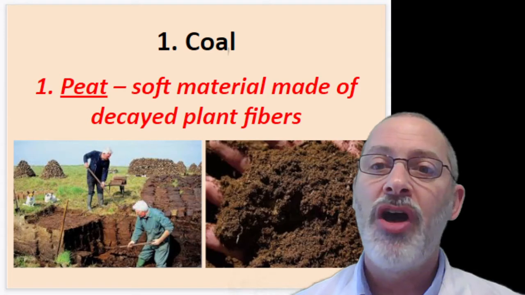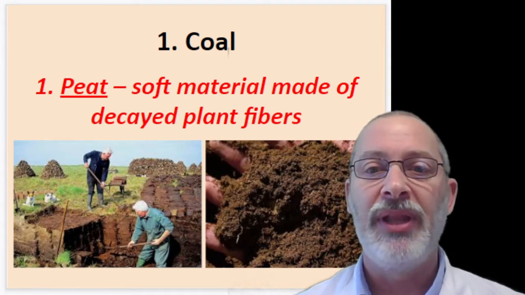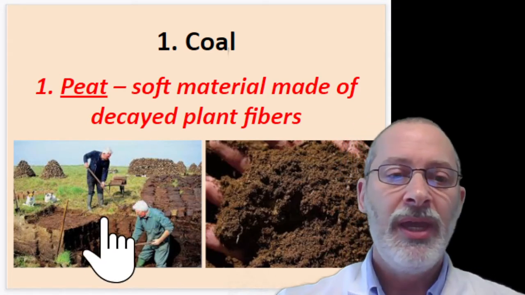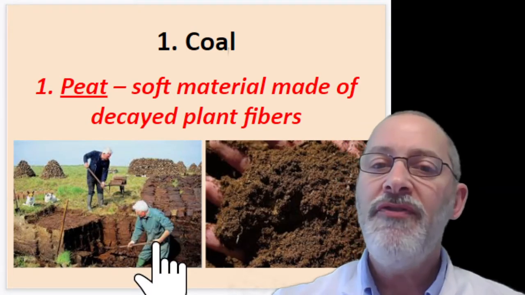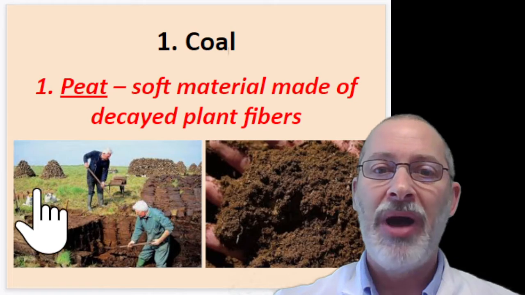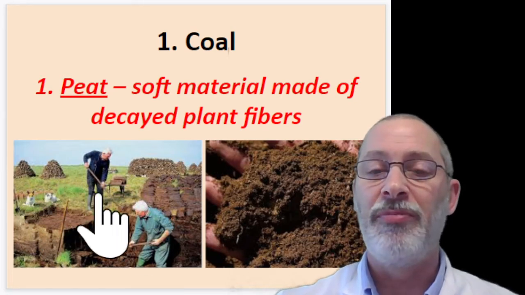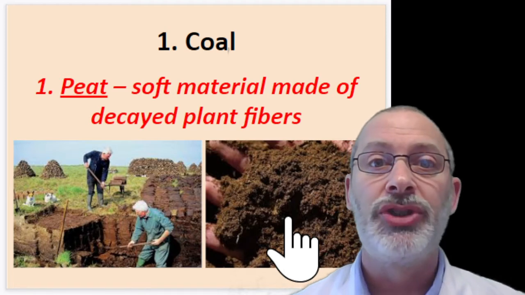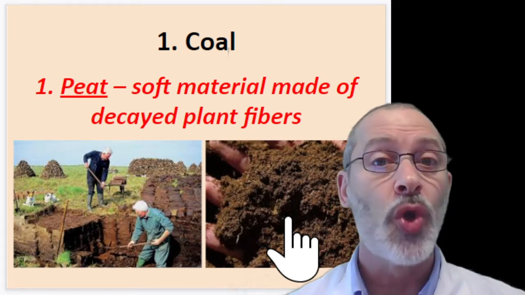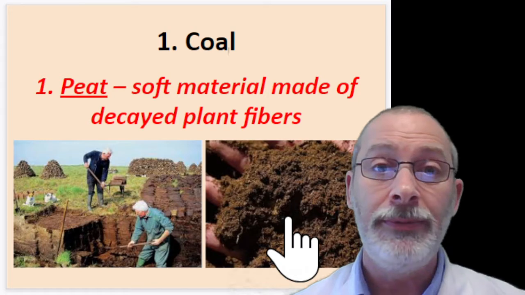Peat is the soft material made of decayed plant fibers. You can see in these pictures that these folks are actually harvesting peat and piling it up, because peat is a great material to amend soil with organic material.